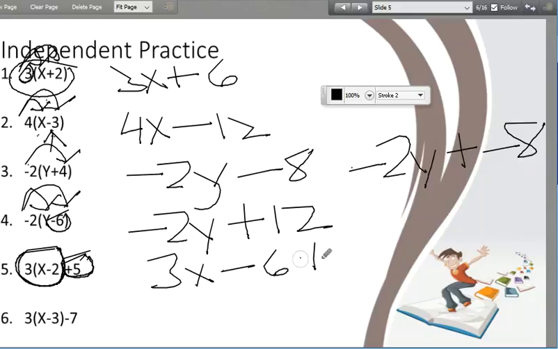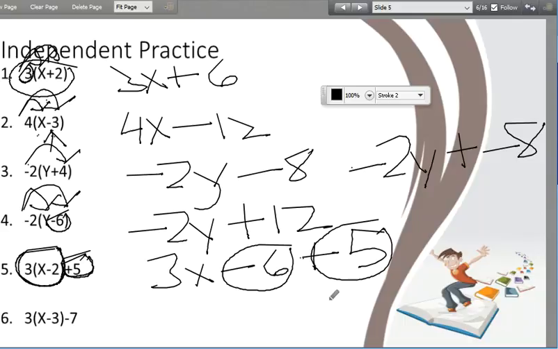Then we have our plus 5. And we know that negative 6 and positive 5 are like terms. So we can go ahead and combine those. We would have 3x. When we combine negative 6 and positive 5, we get a negative 1.